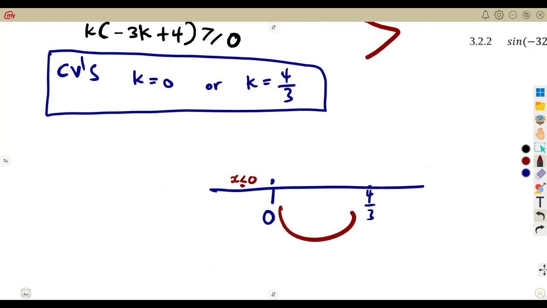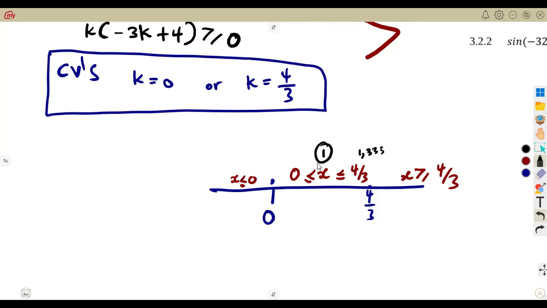These solutions in between 0 and 4 over 3 are greater than or equal to 0, less than or equal to 4 over 3. Then these other values are greater than or equal to 4 over 3. So 4 over 3, like I said, is just 1.3333. So when testing, you can use 1 to test. All right. In fact, this is no longer x, but k, like what we're given. This is k. Remember, this is for k.